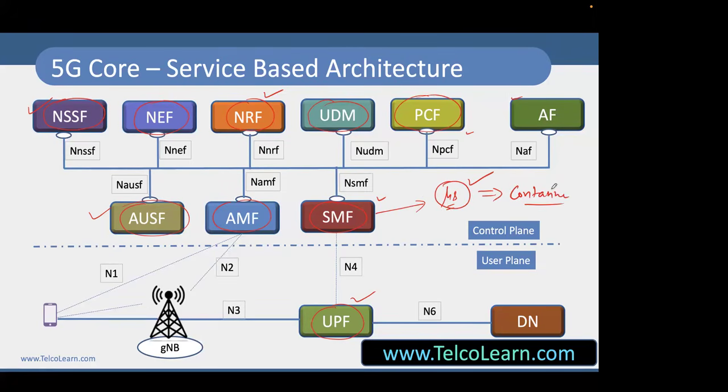All this infrastructure can be built on a single PC or on COTS hardware, which is commercially off-the-shelf hardware. So I can implement all these network functions in a single piece of hardware with a lot of different microservices. This is how the overall architecture looks when I talk about the 5G core network.